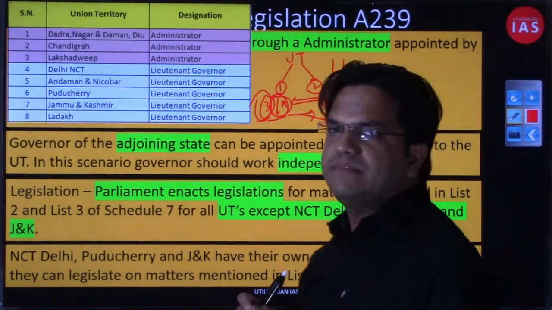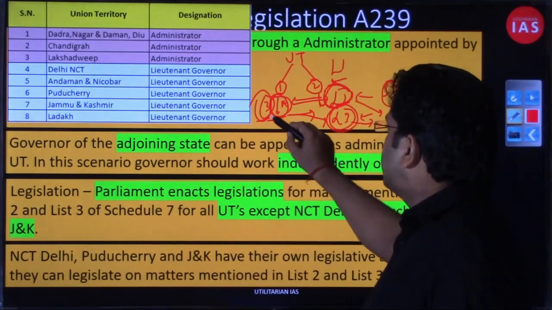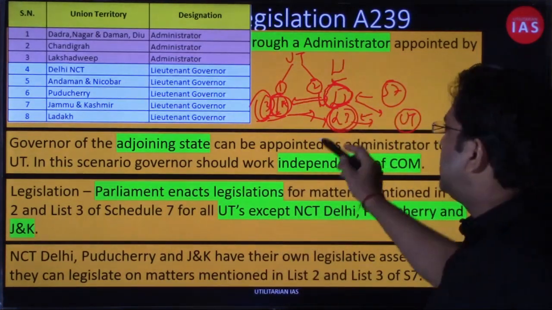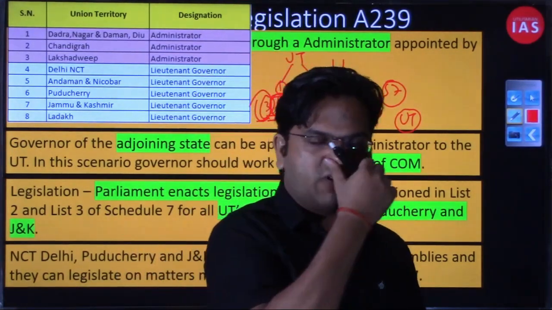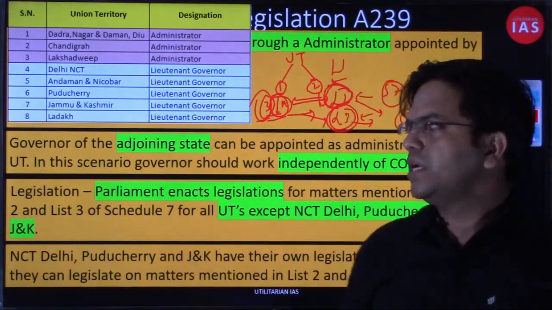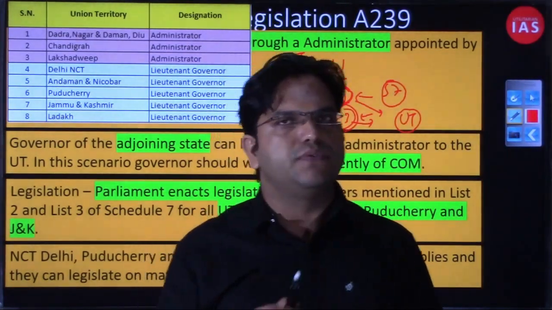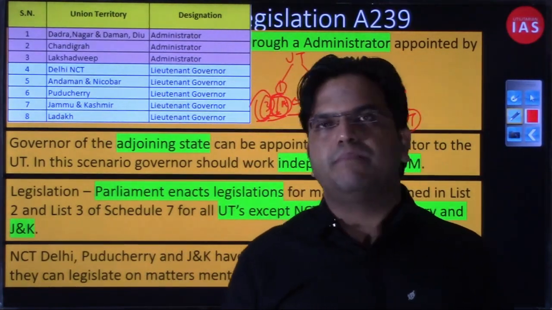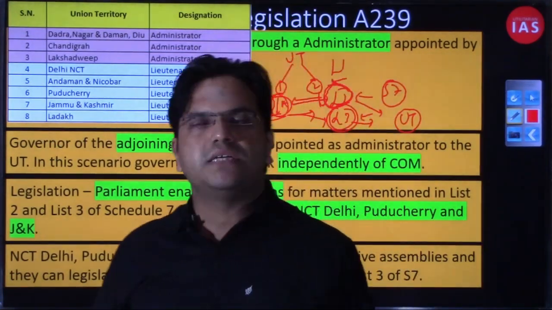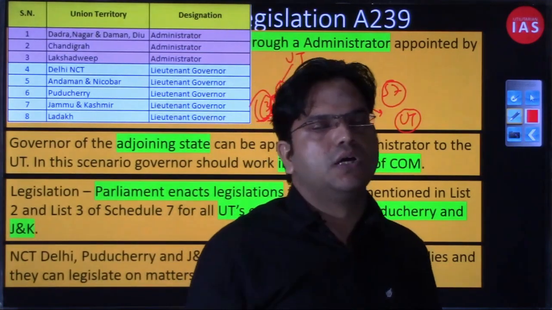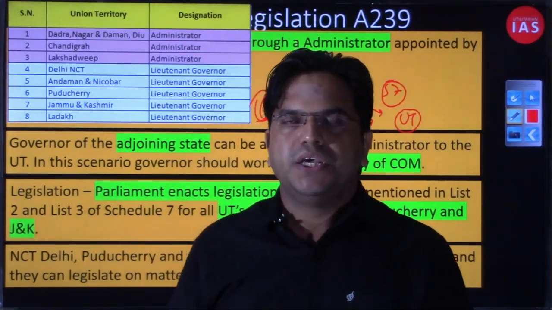Now the legitimate question you should be raising is: state was legislating on List 2 and concurrently on List 3, but if union territories with an assembly have also been empowered to legislate on the state list, then what is the difference between the legislative powers given to the state and those given to the union territories?